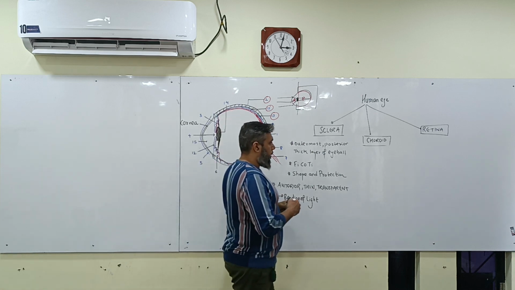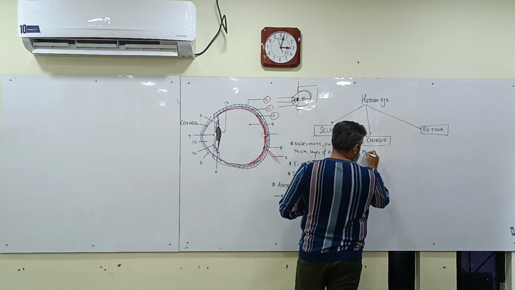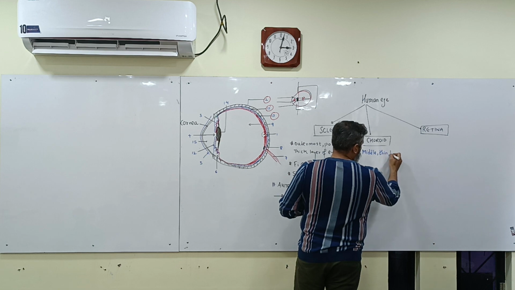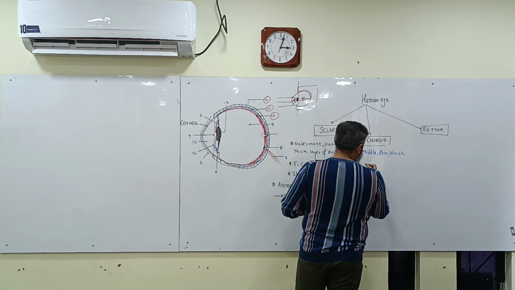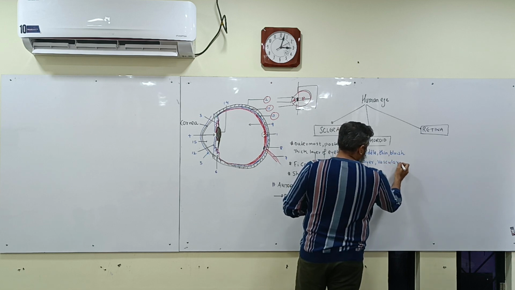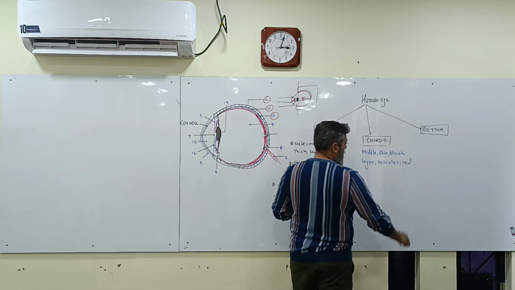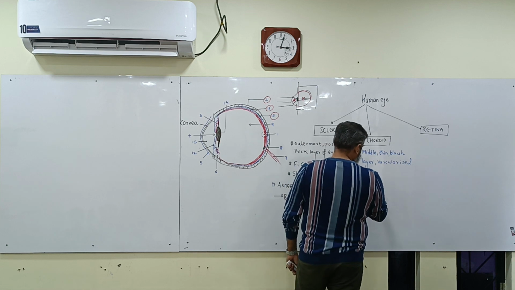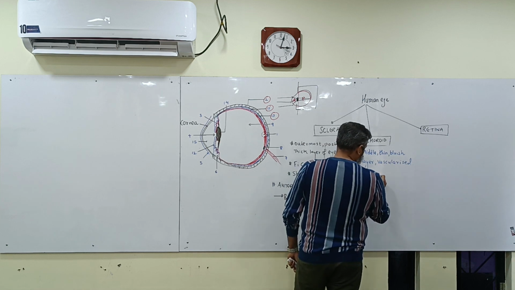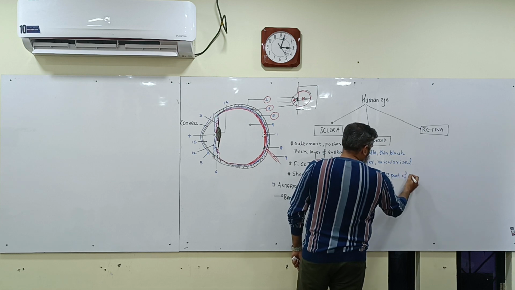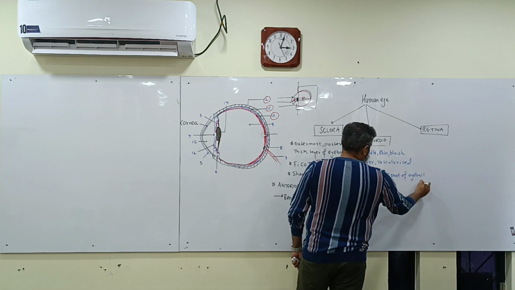So the choroid will be described as the middle, thin, bluish layer which is highly vascularized, and it covers the posterior 2/3 part of the eyeball.